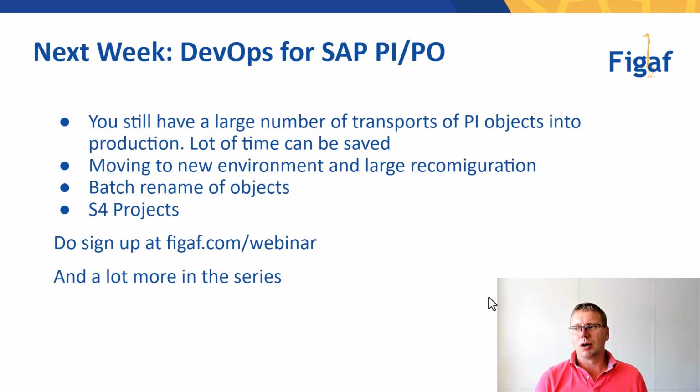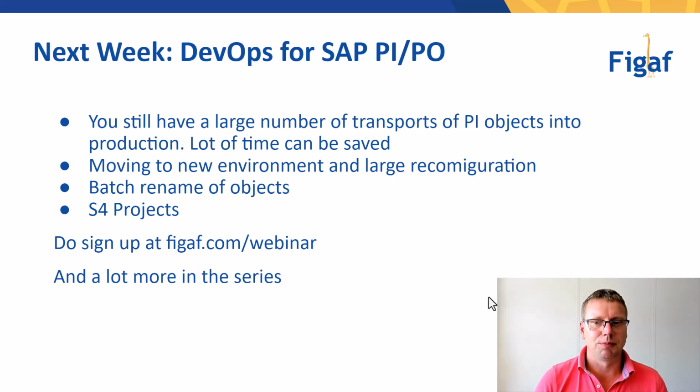One of the ideas we want to work with in this is to make it easy for you to transport ICOs and communication channels, and to externalize these parameters, so you do not need to remember to, like you saw here with the host name. We can also do the same thing in the communication channels. Just check out the S4 host name. We'll just replace it when we import it into the QA system. And this just simplifies the process, making it a lot easier for you to deal with these scenarios.